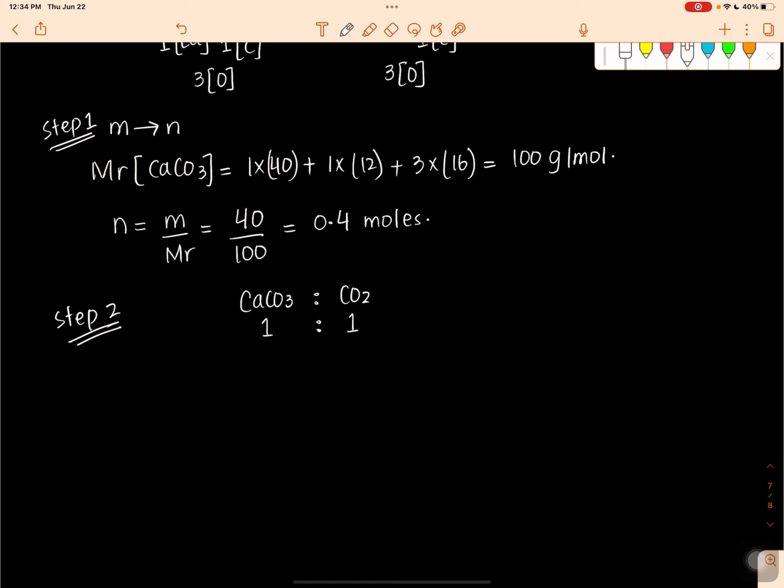This is a scale coming from the balanced chemical equation. So 0.4 moles will produce how much? That is X. So X equals 0.4 moles because this is a direct relationship. So we are done with finding out the number of moles of carbon dioxide that are produced in this process.